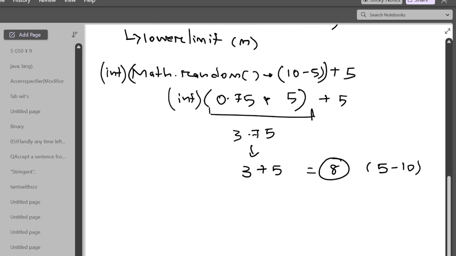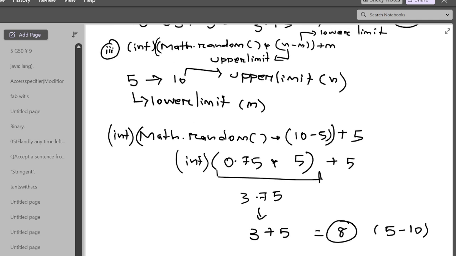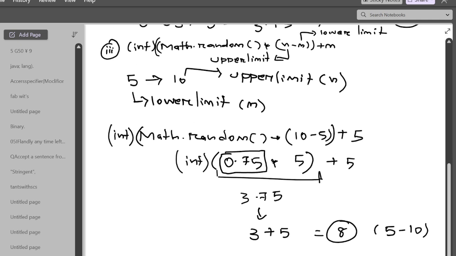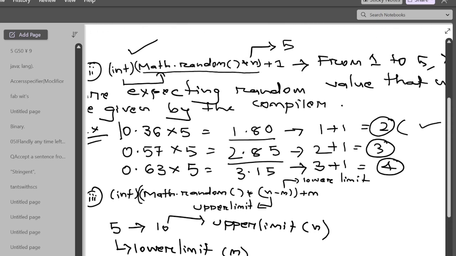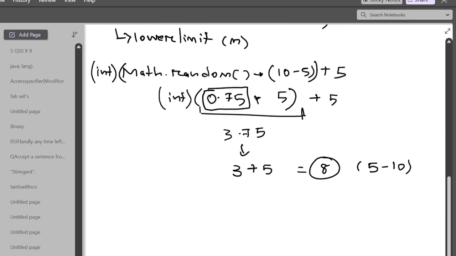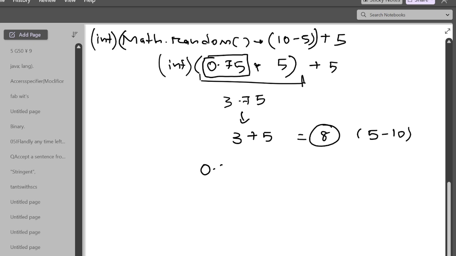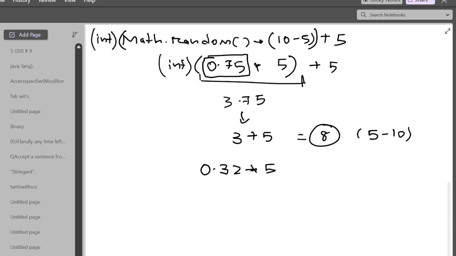Now let me take another example. Do you understand what values I'm providing over here? I am assuming that these are the values that the compiler or Java gives me every time I use Math.random. Don't get confused about this. Now, suppose I'm getting 0.32, multiplied by 5: 5 2s are 10, 5 3s are 15, so 1.6. Now this whole is converted into integer, so it will be 1. 1 plus 5 as mentioned is 6.